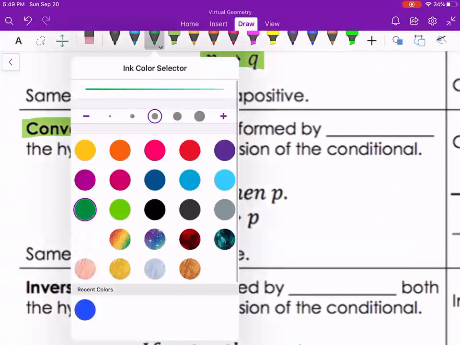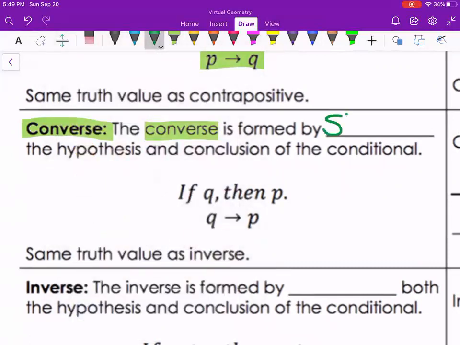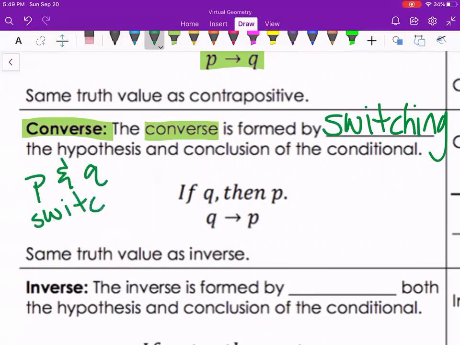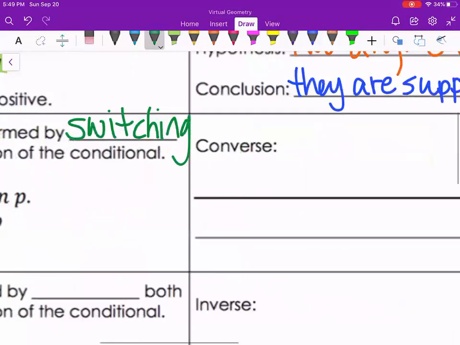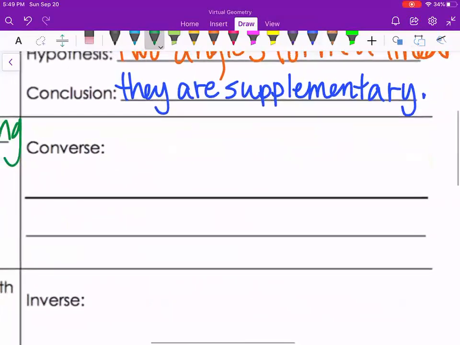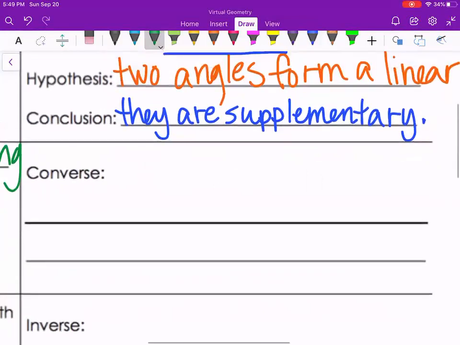which is formed by switching the hypothesis and the conclusion. If you notice, the P and Q have switched. Whatever was at the beginning moves to the end. Whatever was at the end moves to the beginning. So let's rewrite that same sentence as before.